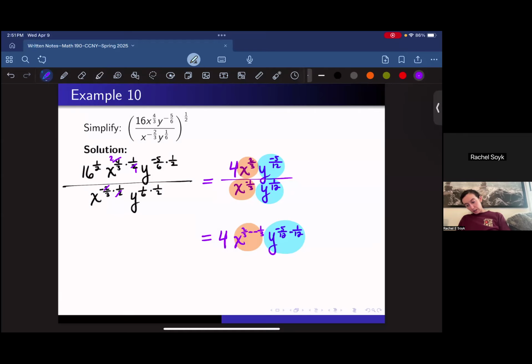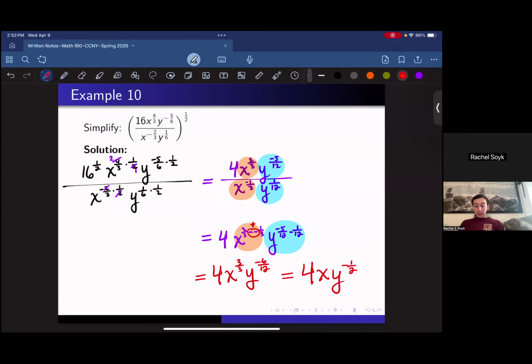So 2 negatives turn to a positive. 4x to the 3/3, y to the negative 6/12. This simplifies to 4x y to the negative 1/2. And if it's a negative, we can stick that into the denominator.